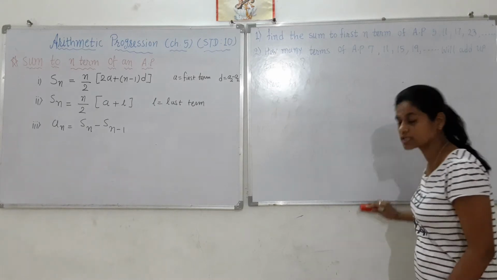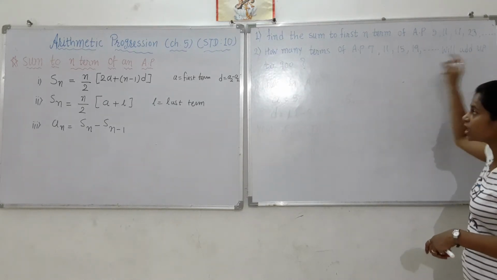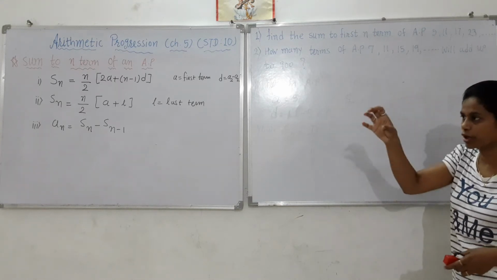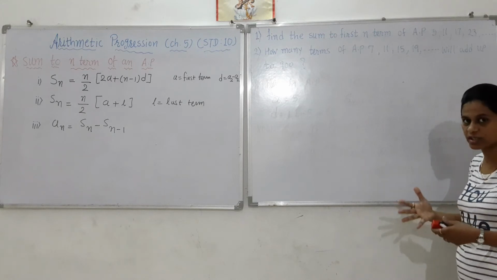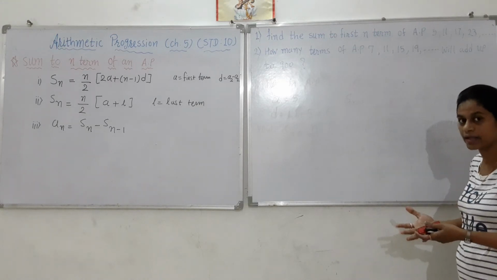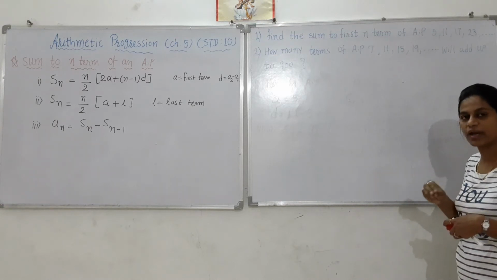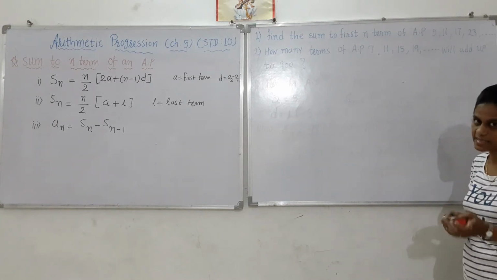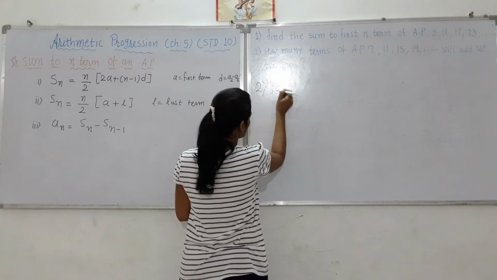In your question you have an arithmetic progression as well as add up to 900. That means you want to add all the terms. Whenever you get the addition, that means its sum is 900. And how many terms add up to 900? So you want to find the number of terms, that means n. So you should write it for the second example.